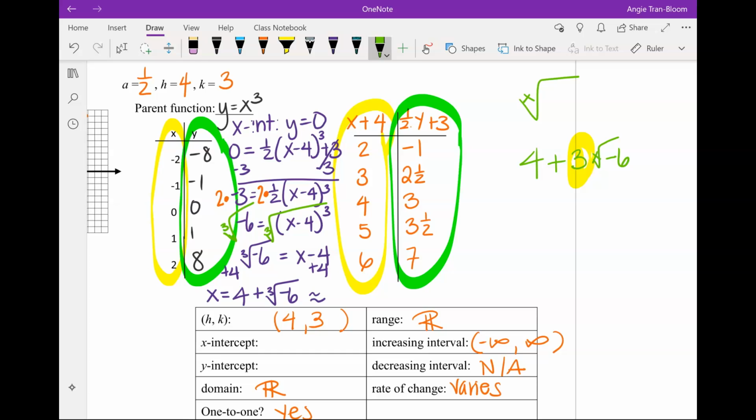No, everybody. Who does not know how to use a calculator? I don't know how to use a calculator.